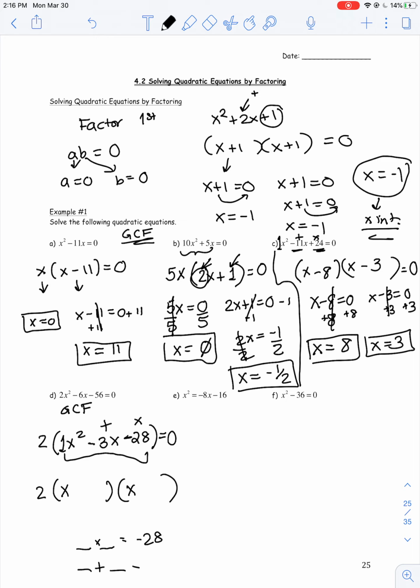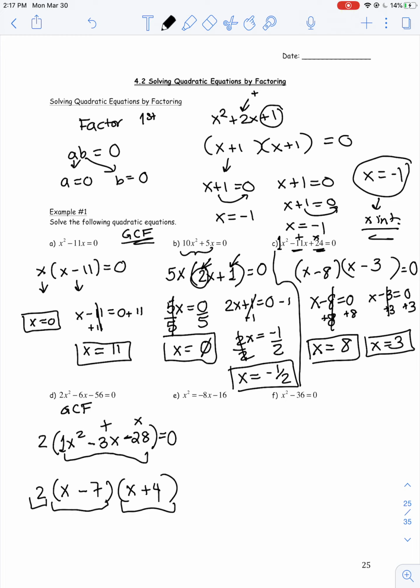So the two numbers that multiply to negative 28 and add up to negative 3x would be, actually I don't need the x in this shortcut, it would be negative 7 and positive 4. So negative 7 and positive 4, if you were to multiply them, they get you negative 28, and if you were to add them together, you get negative 3.